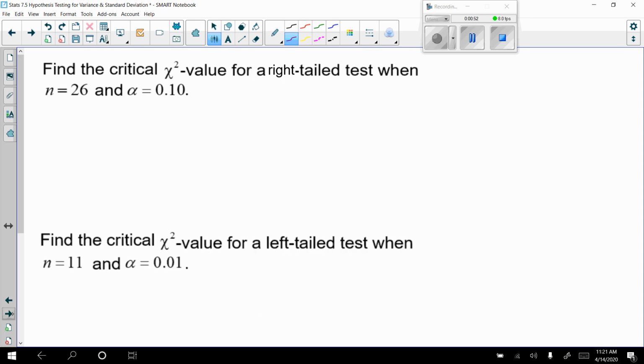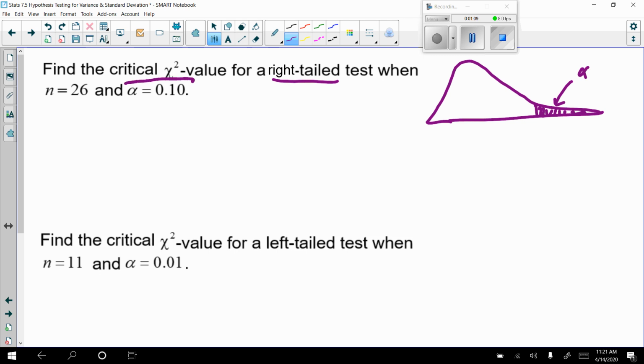So if we're going to find the critical value of chi-square for a right-tailed test, it's going to be skewed right, and alpha is in this region, and alpha is 0.1. Our number of items in our sample is 26, therefore our degrees of freedom is always going to be n minus 1, which is 25.